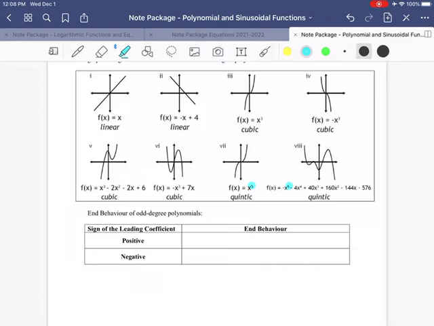So if the leading coefficient is positive, let's look at the positive leading coefficients. So that one, that one, that one's a positive leading coefficient, and that one. So all the ones highlighted in blue start in quadrant 3 and end in quadrant 1. See that?